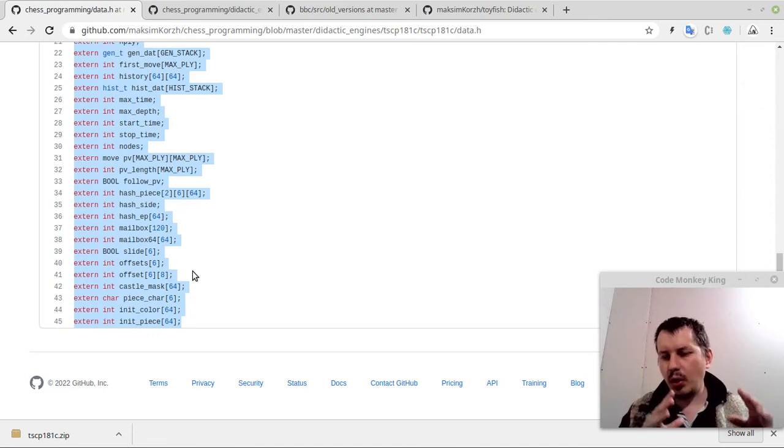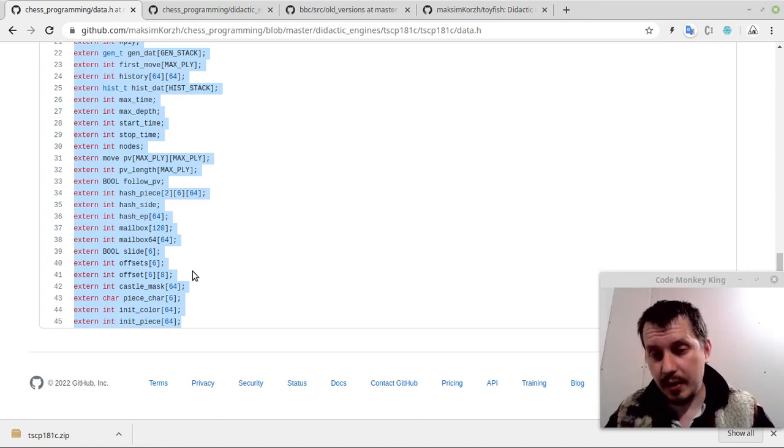So what is the core difference between having global variables for all the structures needed within the engine, like the board position, castling rights, en passant square, side to move, etc.? What's the reason to have them not as global variables, but enclosed within a structure, or in a class if this is C++ and an object-oriented approach? Do you know why? Because of multi-threading.